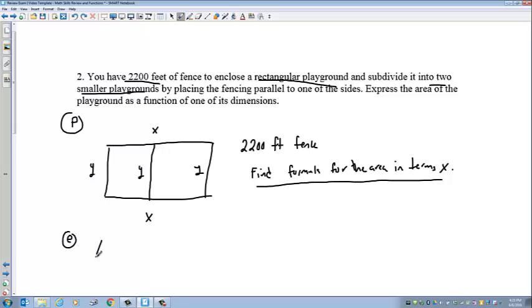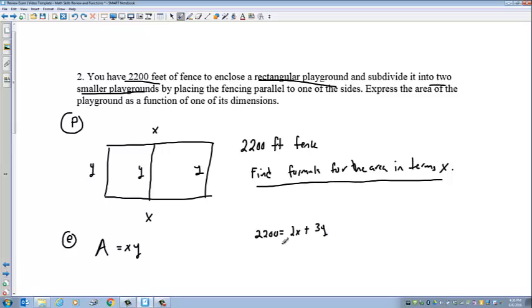And so an equation for the area, well, the area of this rectangular playground, the whole thing is just length times width, so x times y. And now I need to get rid of one of these, x or y, so that's where that 2200 is going to come into play. So 2200 is equal to the amount of fence. So you have x feet here, y feet there, x feet there, y feet there, and y feet there. So you have 2 x's plus 3 y's.